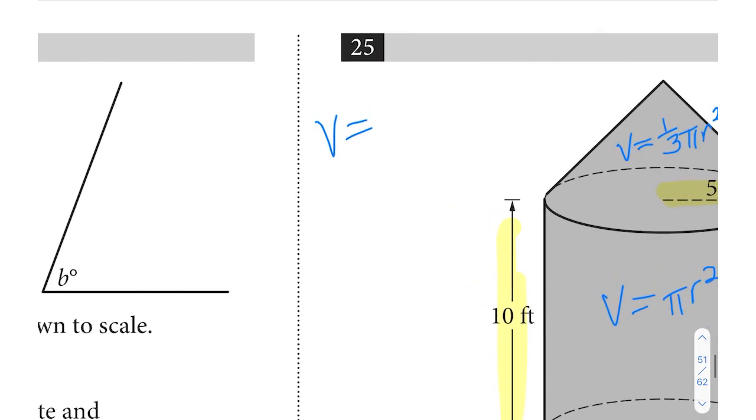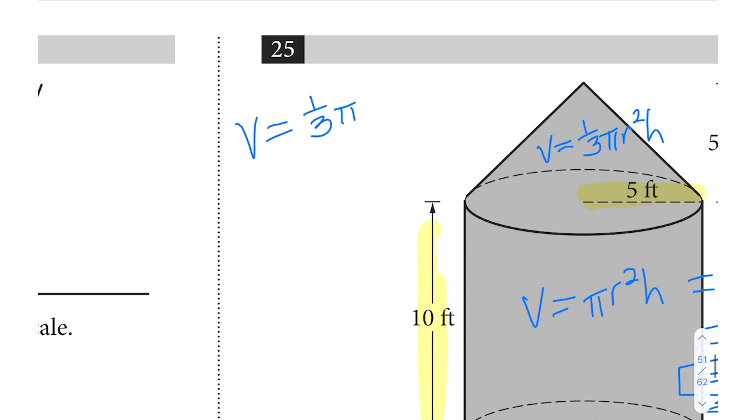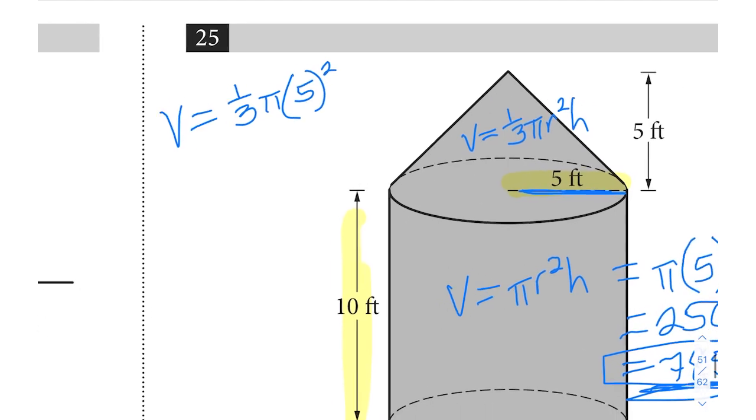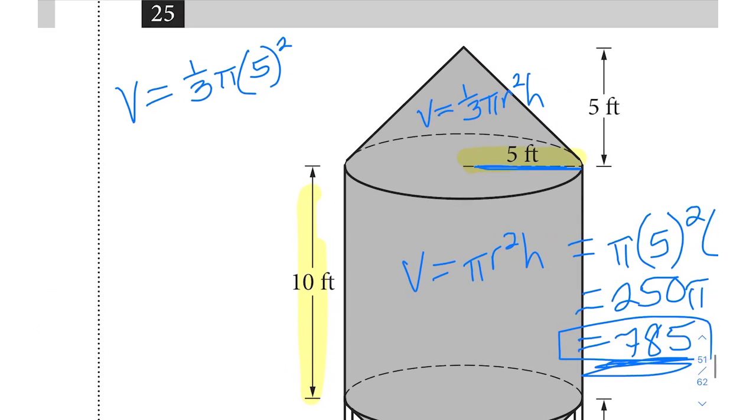We also have to add on these cones from the ends. So for one of the cones, the volume is equal to 1/3 pi times r squared. It's the same radius. This has a radius of 5, so times 5 squared, and then times the height. The height of one of these cones, they show us 5 feet, so times 5.